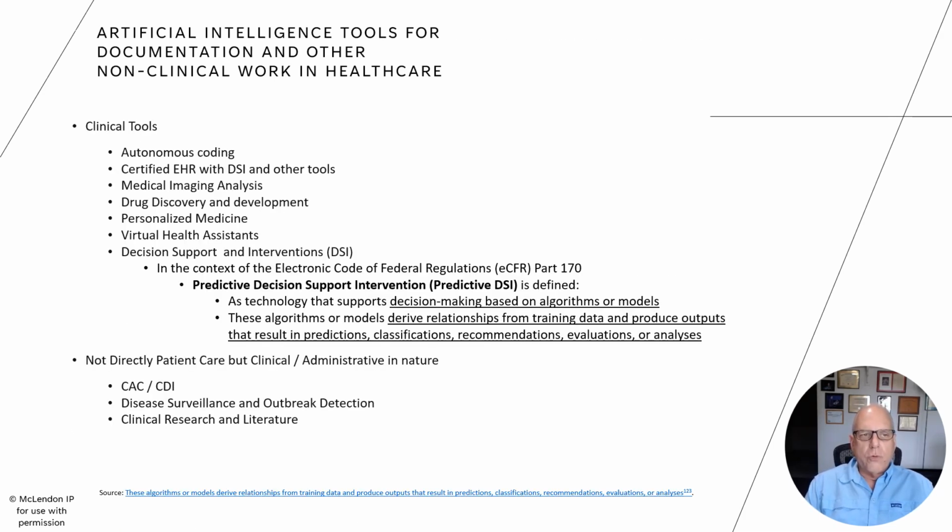Artificial intelligence tools for documentation and other, this should say clinical work in healthcare. So clinical tools, autonomous coding, certified EHRs, that means certified electronic health records by the Office of the National Coordinator, ONC, with decision support initiative, DSI, and other tools that can help make decisions.